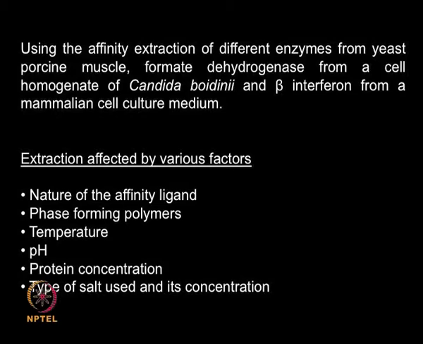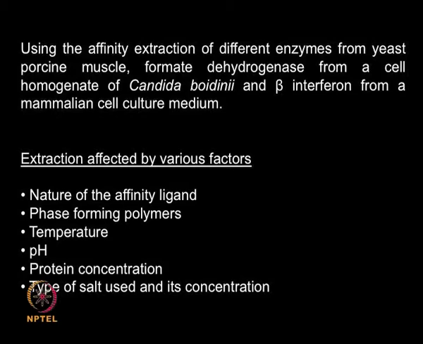The nature of the affinity ligand I am using, and the phase forming polymer, because your affinity ligand is going to be immobilized on a polymer. We can't just have the free affinity ligand floating around, so it is going to be on a polymer in a covalent manner. So, the phase forming behavior of the polymer, the temperature at which you are studying, the pH, the protein concentration, the type of salts used and the concentration of the salt.